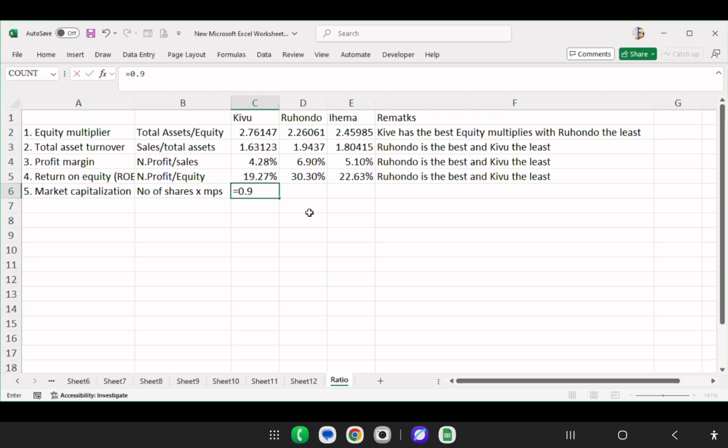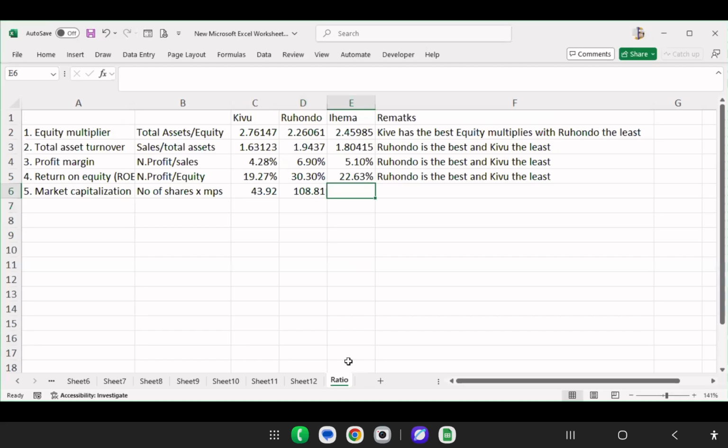Equals 0.9 times 48.8. Then 1.3 multiplied by 83.7.